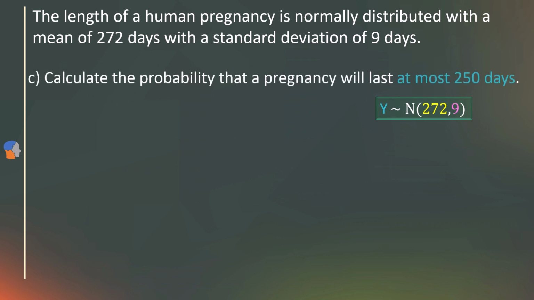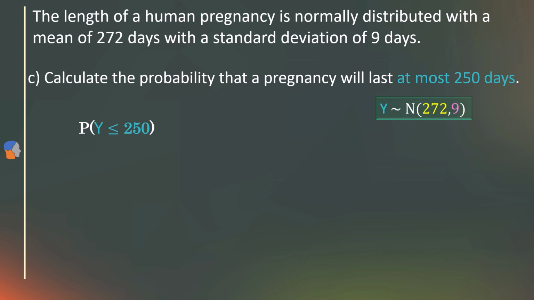Now go to the part C. Calculate the probability that a pregnancy will last at most 250 days. Again, let me translate the statement into a mathematical statement. So at most, that means probability P, y less than or equal 250. How do we find the probability of this y less than or equal 250?